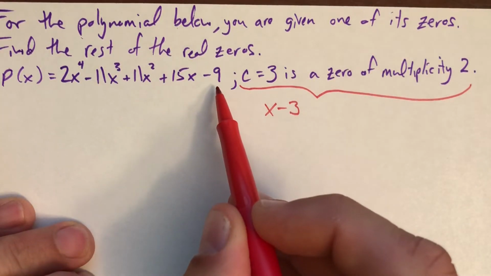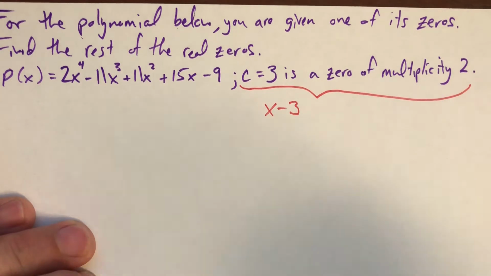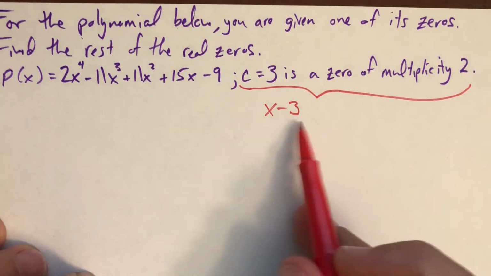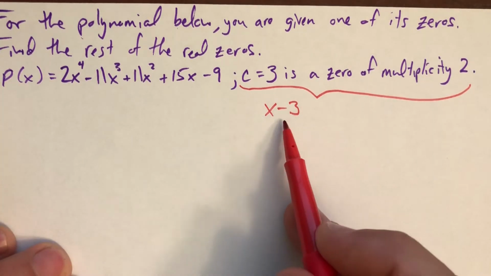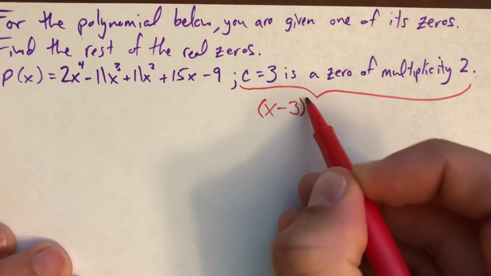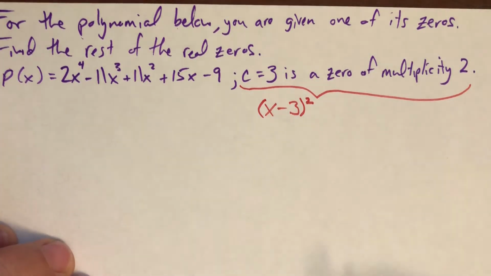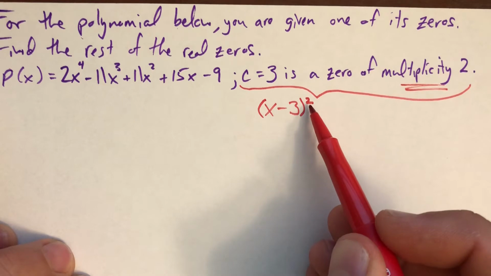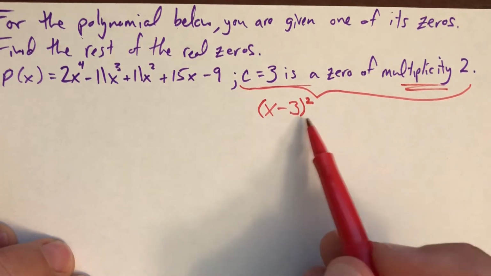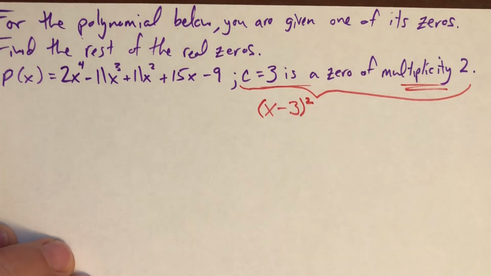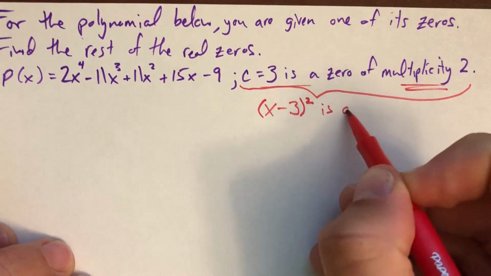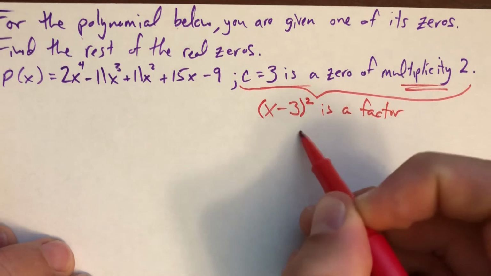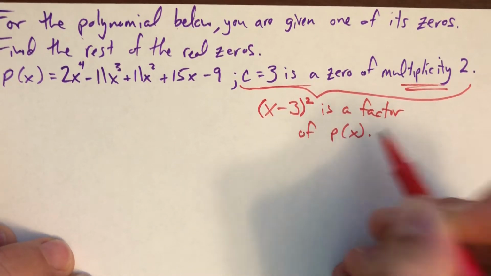Well, if it's got multiplicity 2, that means that when we write it out in factored form, we're going to have x minus 3 to the power of 2 present in the factorization. So we got multiplicity 2, that's why we got the 2 there. c equals 3 is a zero. That's directly from the factor theorem. Okay, so we can say x minus 3 squared is a factor of our polynomial p of x.